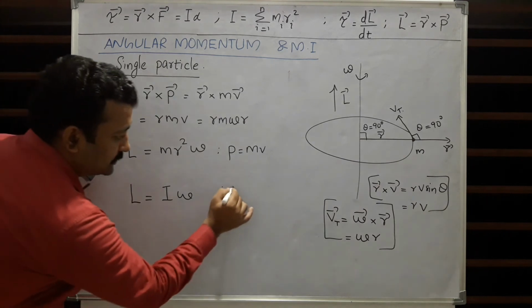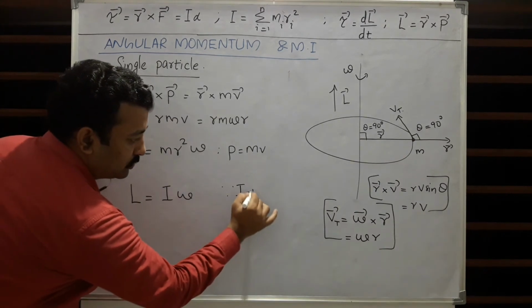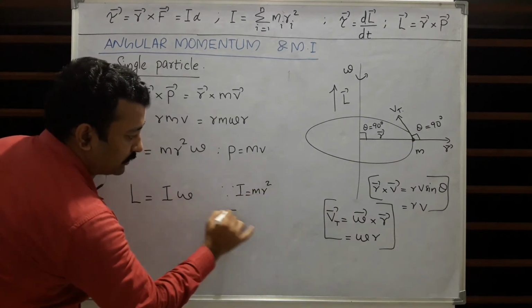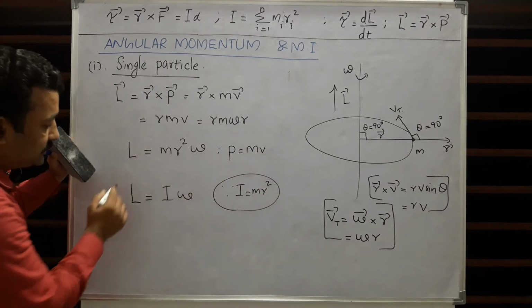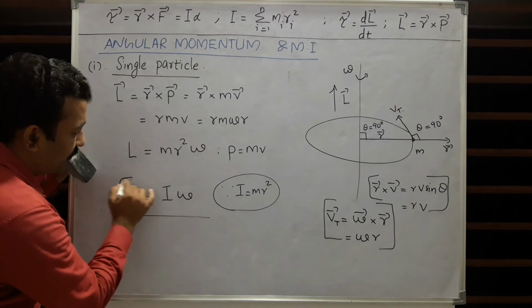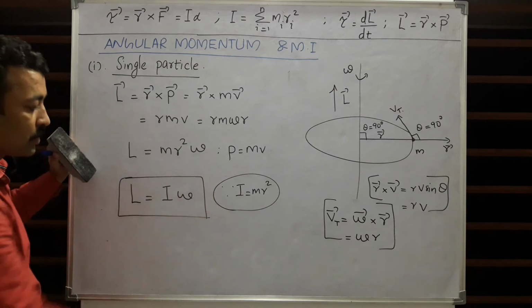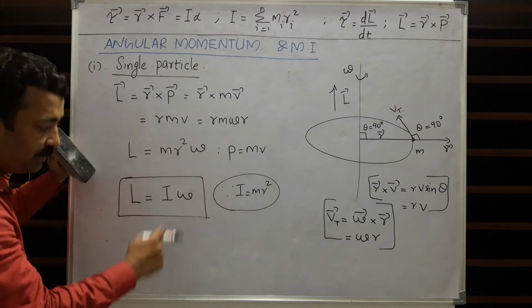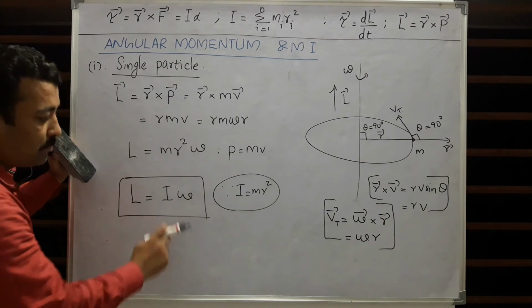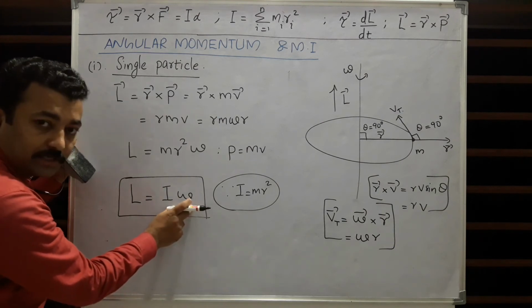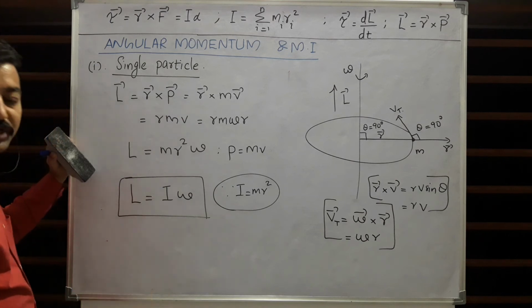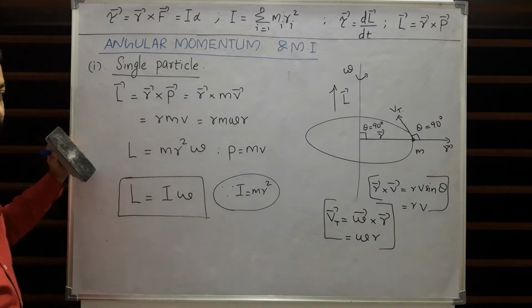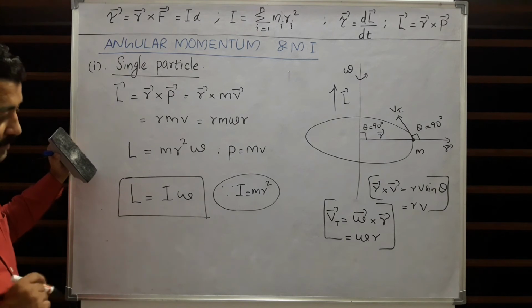Since I is equal to m r square, we can express the angular momentum of a particle as rotational inertia, or moment of inertia, multiplied with angular velocity. This indicates the amount of rotational motion content of the particle.